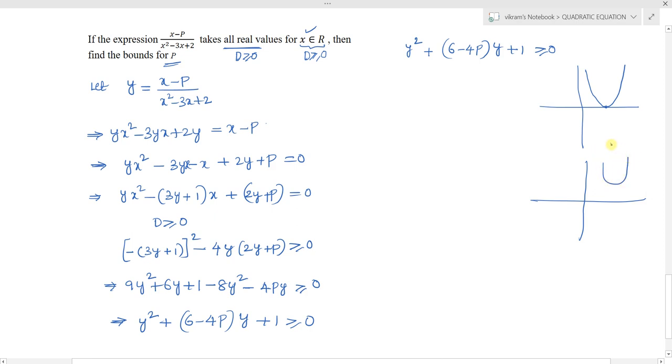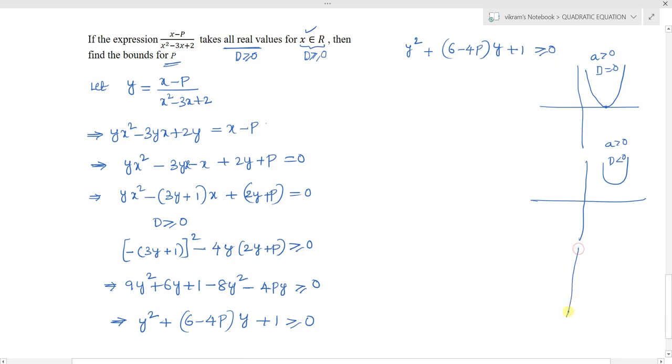If a is greater than 0 and the discriminant is less than 0, we obtain this, and if a is greater than 0 and the discriminant is equal to 0, we obtain this condition. The p value is not known to us, but the expression must be greater than or equal to 0.